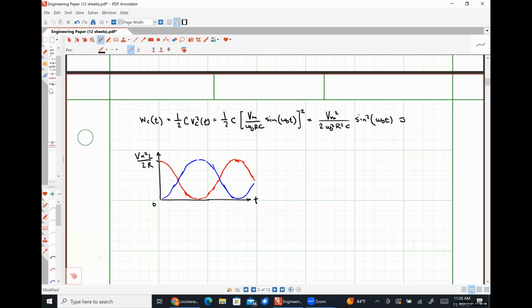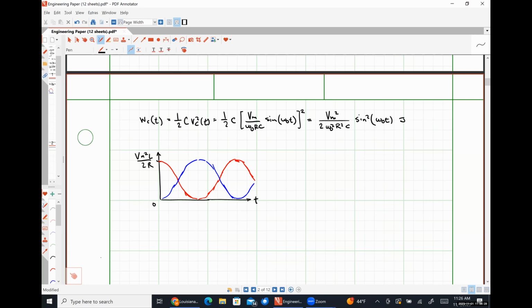For a half cycle, our capacitor is the energy storage element, and it's transferring all of its energy to the inductor. And then for the next half cycle, the exact opposite is happening. So energy is just constantly being transferred back and forth between the capacitor and the inductor when our system is at resonance.